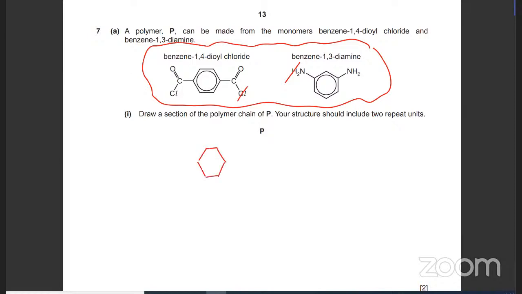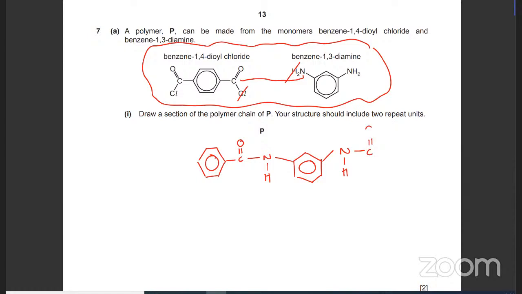So you'll have C double bond O, and on the other side, this carbon and this N would link up. So this would be NH, and you'll have another benzene, and the whole thing would repeat on the other side.